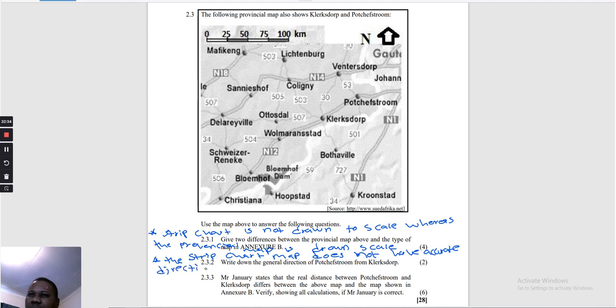You can't say the direction from Potchefstroom to Klerksdorp is south or southeast or northwest. You understand? Whereas the provincial map has accurate direction.